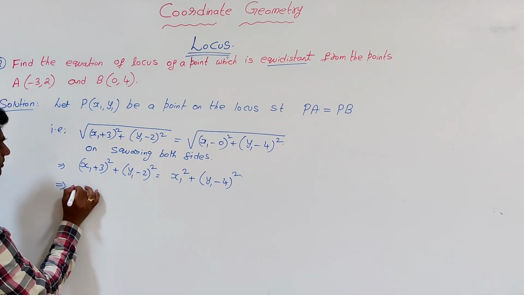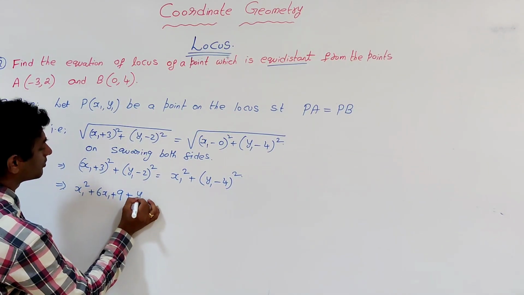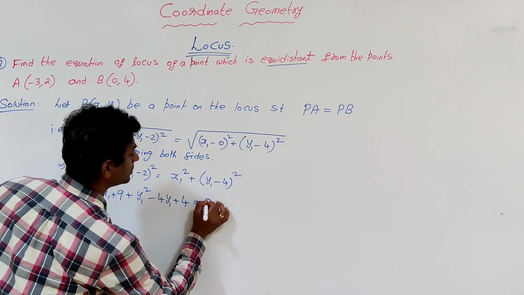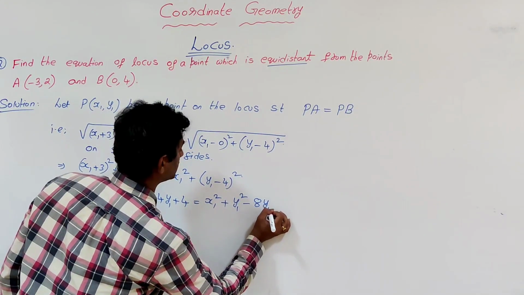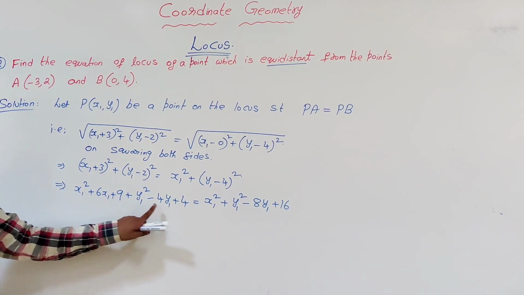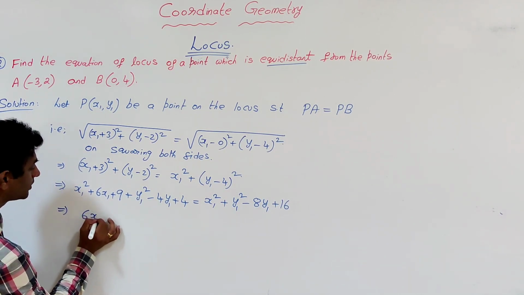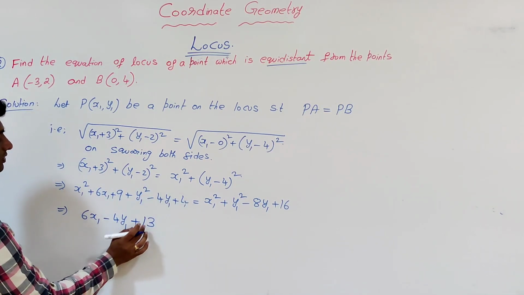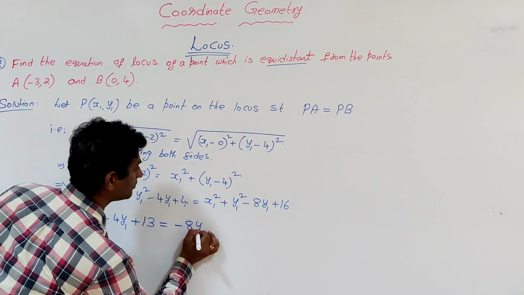On further simplification, x1 square plus 6x1 plus 9 plus y1 square minus 4y1 plus 4 is equal to x1 square plus y1 square minus 8y1 plus 16. So x1 square plus y1 square on the left-hand side and on the right-hand side both get cancelled. This implies 6x1 minus 4y1 plus 13 (9 plus 4, 13) is equal to minus 8y1 plus 16.